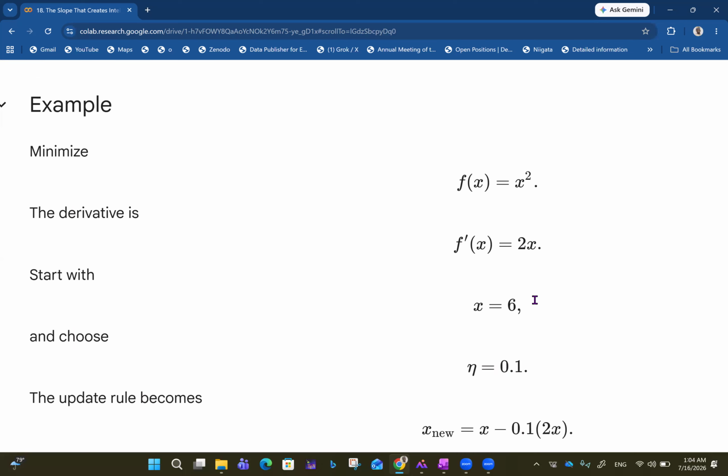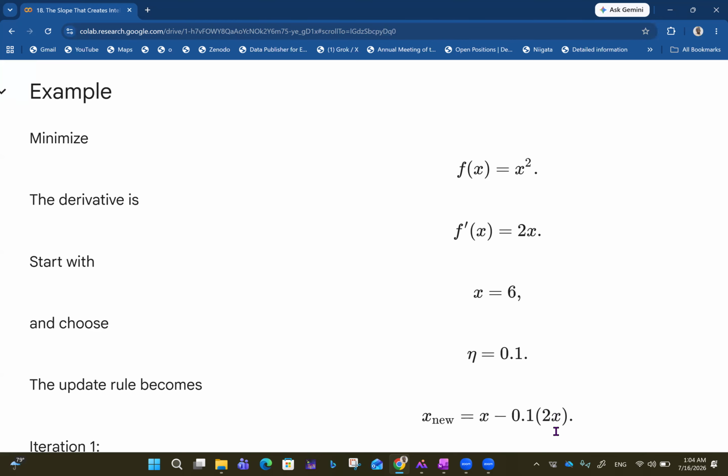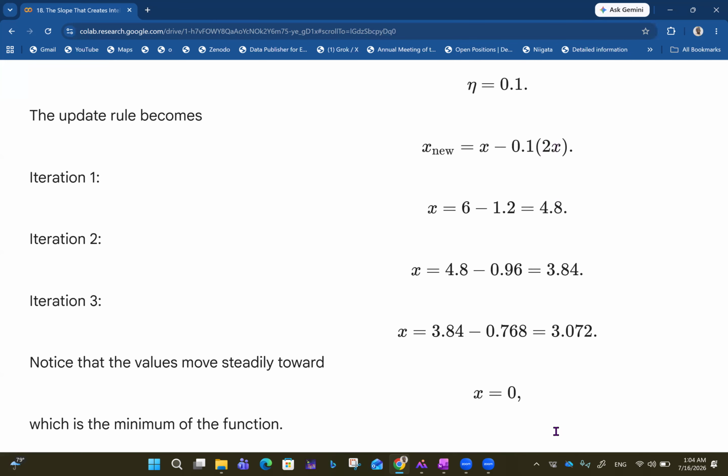If we start with x equals 6 and choose eta to be 0.1, then the update rule becomes x new equals x minus 0.1 multiplied by the gradient, which is 2x. So you have x minus 0.2x. Starting the iterations now: iteration 1, when x is 6, you have 6 minus 0.2 times 6, that is 6 minus 1.2, which is 4.8.